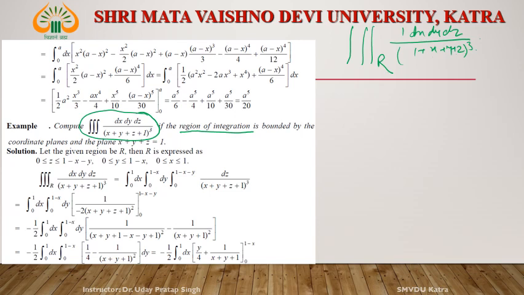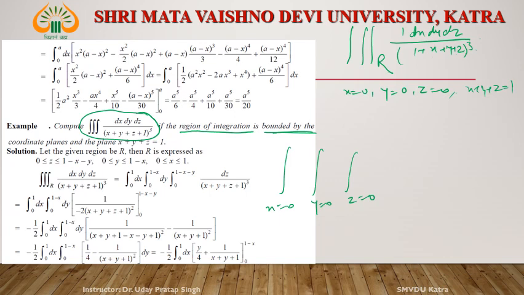R is the region of integration bounded by coordinate planes. Bounded by coordinate planes means x equal to 0, y equal to 0, z equal to 0. Then the limits of integration, again x equal to 0, y equal to 0, z equal to 0, and bounded by this plane also, x plus y plus z equal to 1.